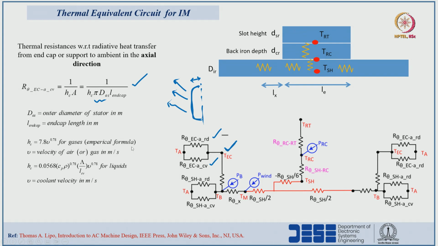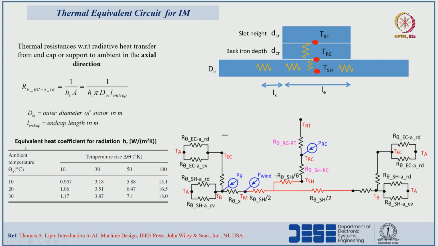So, based upon the velocity of coolant, either it is air or liquid, we can consider the velocity and then we can find the convection heat transfer coefficient. Then radiative based heat transfer from end cap to ambient, we can calculate by utilizing this equation.